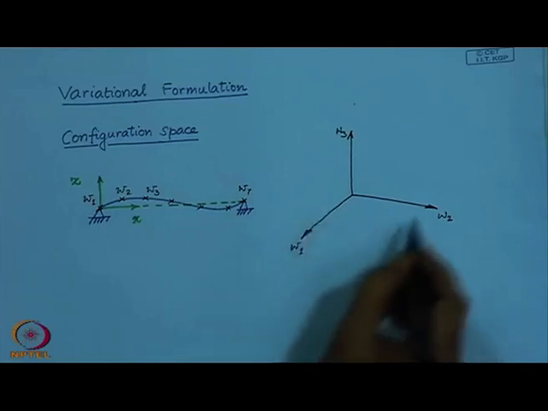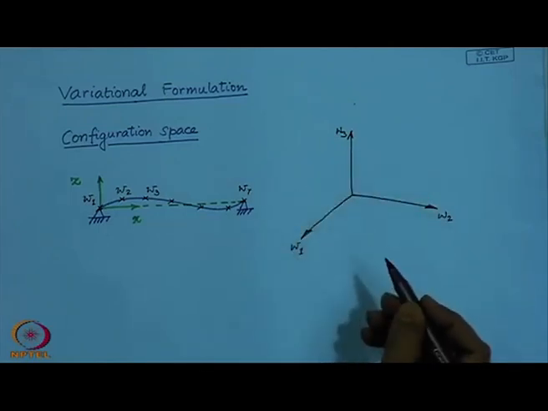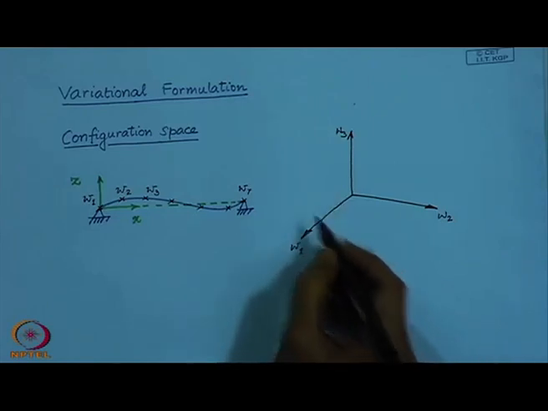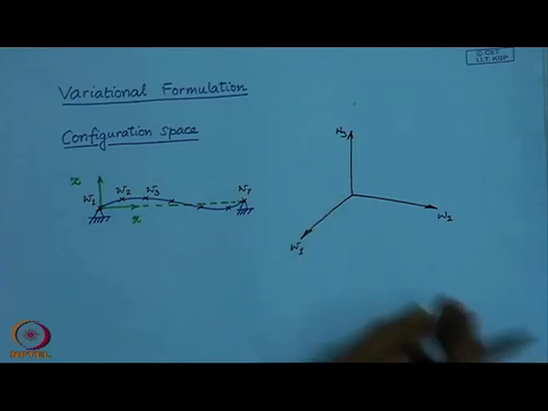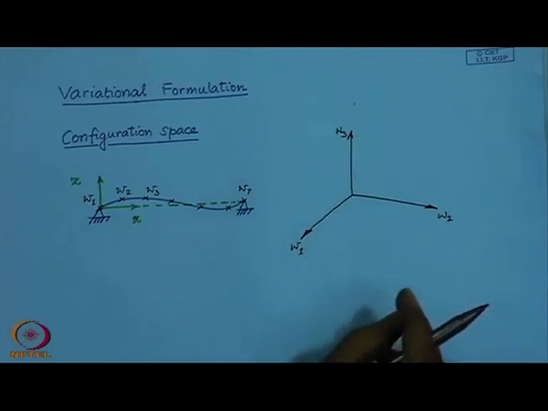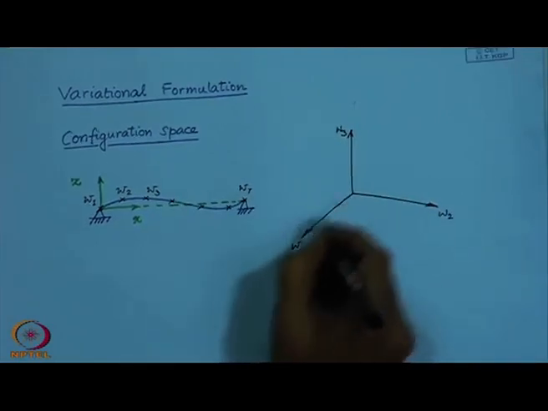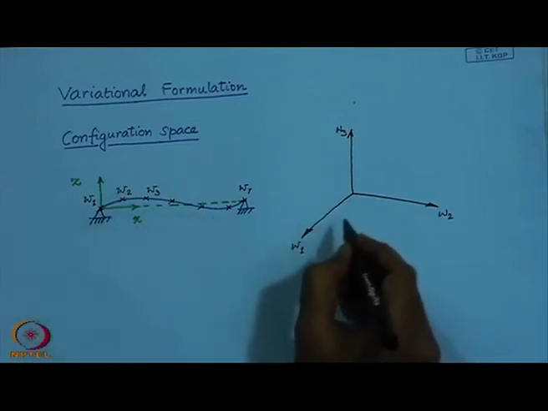I cannot draw a space with 7 axes, but I appeal to your imagination to think of a space in which there are 7 such axes, and then mark on these axes the displacement of each of these points.